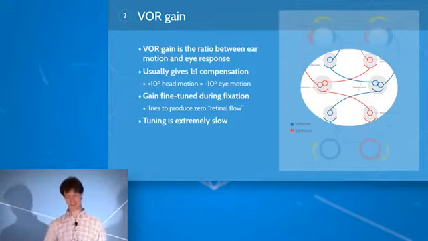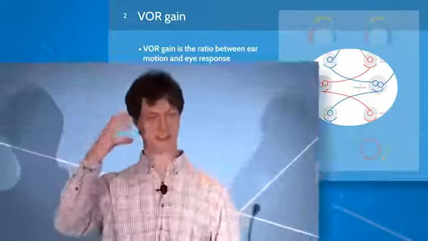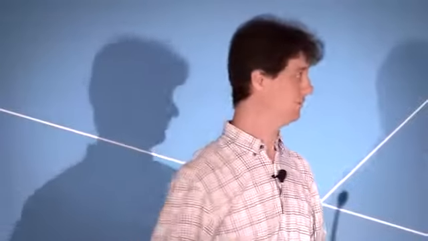VOR gain is this factor built into the neurons, and it adapts slowly as our eyes get old, our ears get old. And it's fine-tuned during fixation. So when we are fixating on something, there's a feedback mechanism that says, oh, the image is still shifting slightly, so dampen it down or heighten it up. But this tuning is extremely slow.